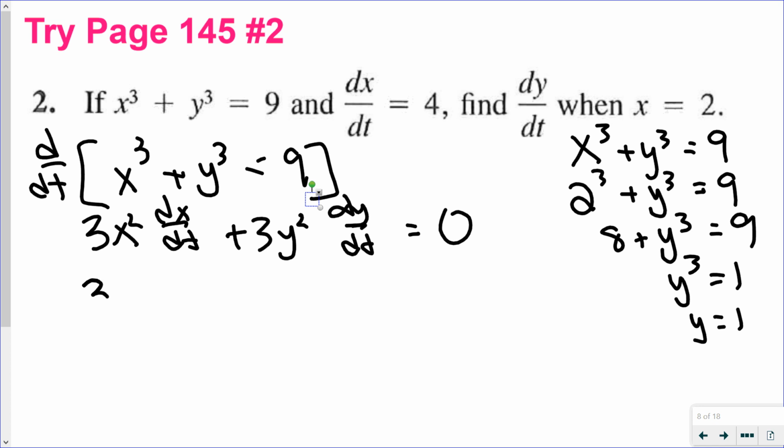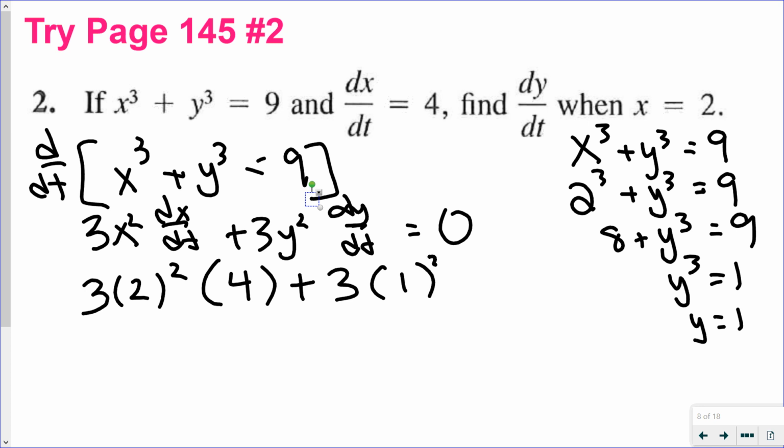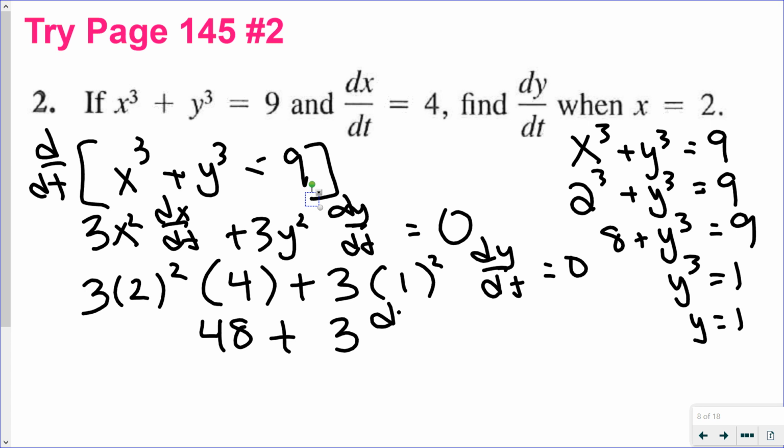So 3x squared, that's 3 times 2 squared times dx by dt, which is 4, plus 3 times y squared, we found y was 1, and that's multiplied by dy by dt equals 0. So then I have 3 times 2 squared times 4. Altogether, that's 48, plus 1 squared is 1 times 3 dy by dt equals 0.